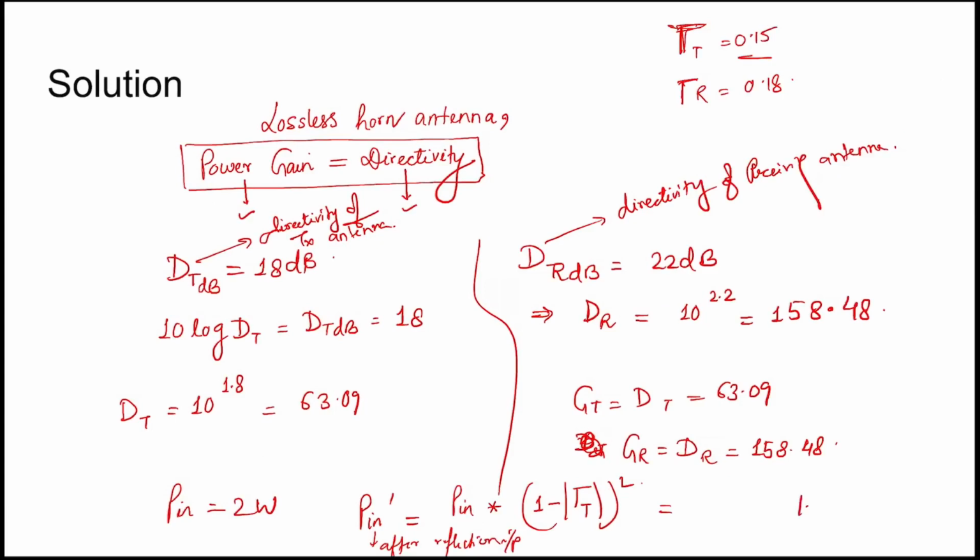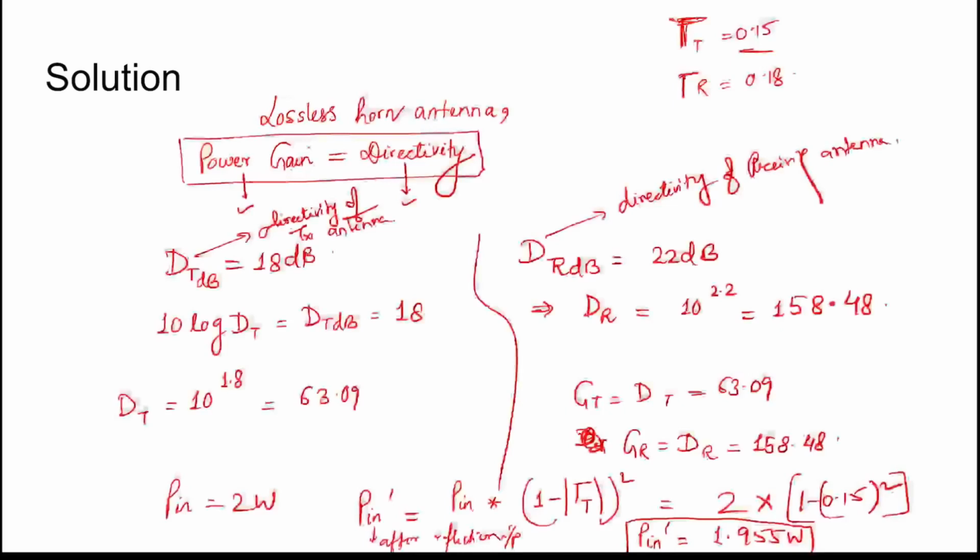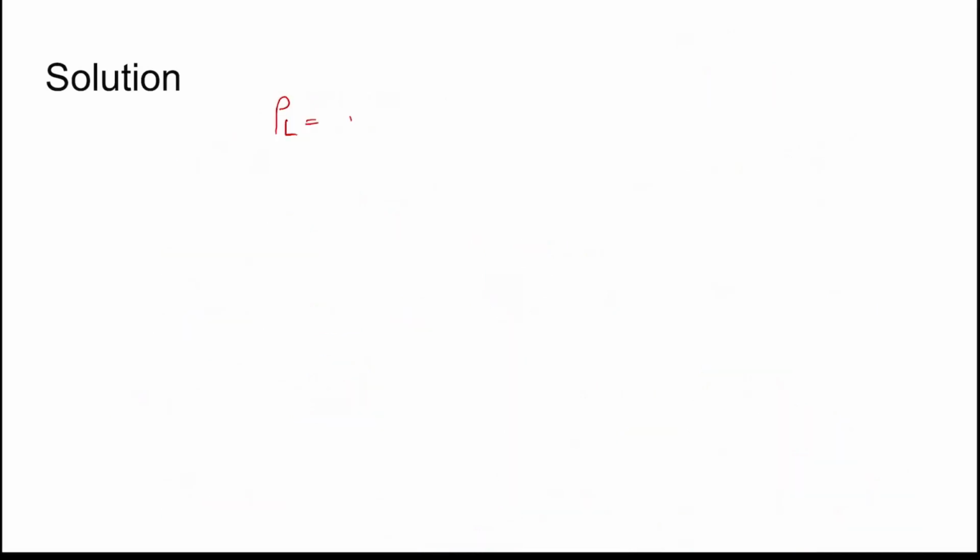So 1 minus 0.15 square multiplied by 2. So P in prime, the actual input, is coming out to be 1.955 watt.